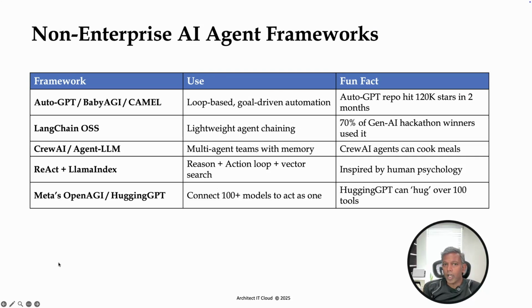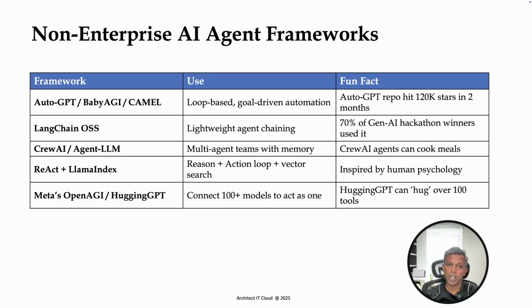And next is non-enterprise AI agent frameworks. As I explained earlier with an analogy, if you are a coder or hacker and want to explore more about AI agent frameworks, you can just go and use these non-enterprise AI agent frameworks. AutoGPT, Baby AGI, and Camel are the frameworks used for loop-based and goal-driven automation.